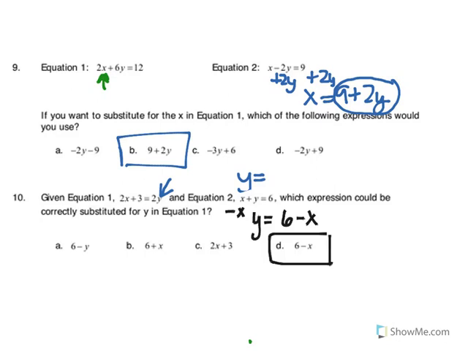Okay, so I hope you answered D, because if we want to substitute for y, this equation needs to say y equals. So I subtracted x from both sides, and I got y equals 6 minus x, and that was letter D.